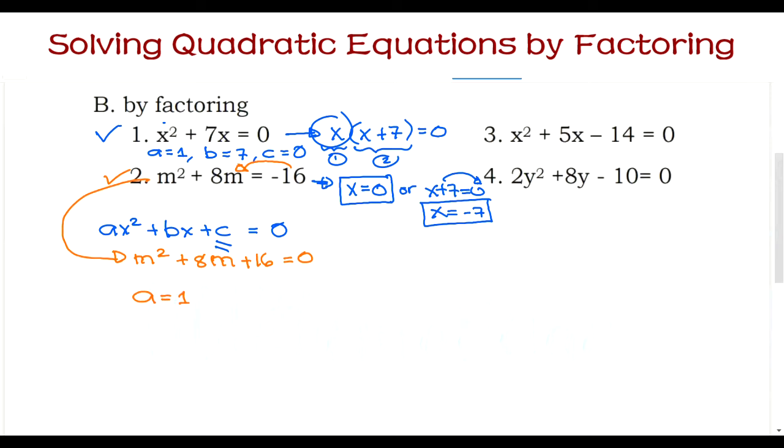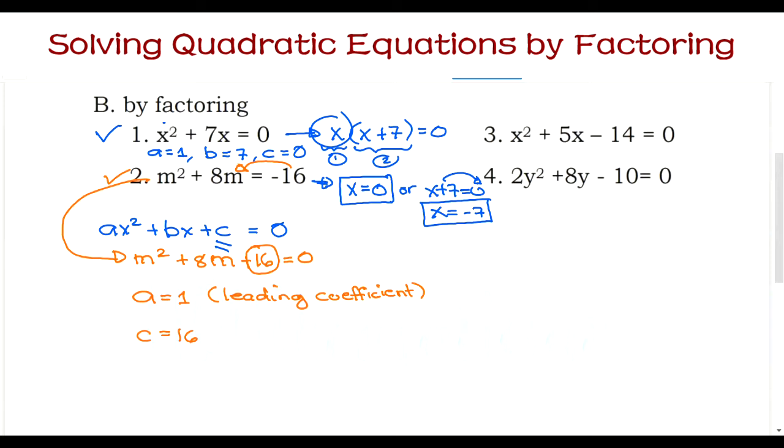Tandaan, kapag ang leading coefficient is equal to 1, napakadali ring mag-factor nito. Ang titingnan nyo lang yung C, the constant term. So, let me write C is equal to 16.